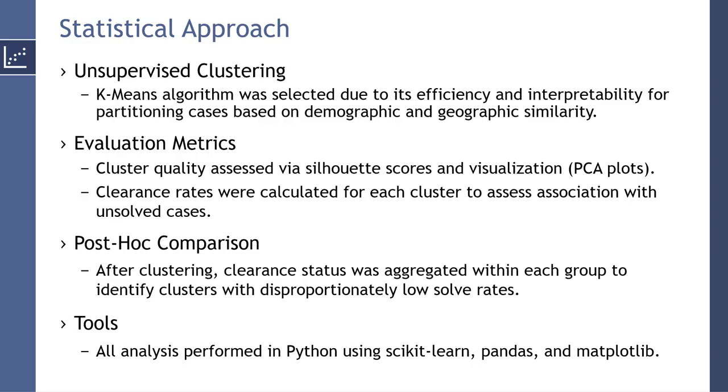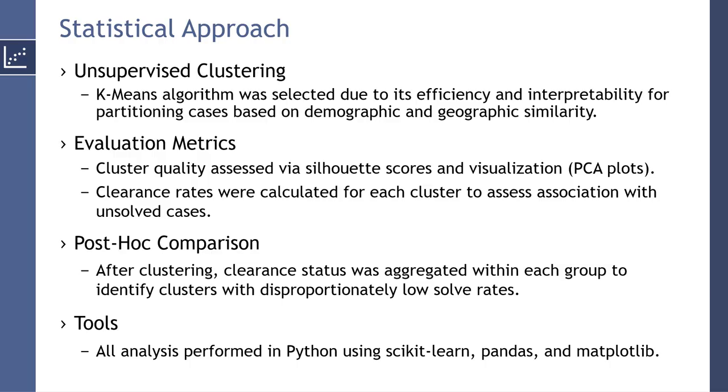Okay, so onto the statistical approach. This is an unsupervised clustering, and it's going to be centered on k-means clustering. This is a good choice because I think it can effectively sort a large data set into groups based on the shared features that I talked about. These traits, if you will.